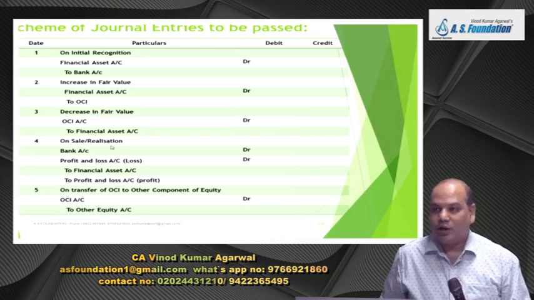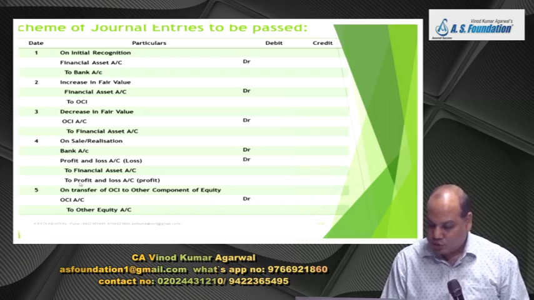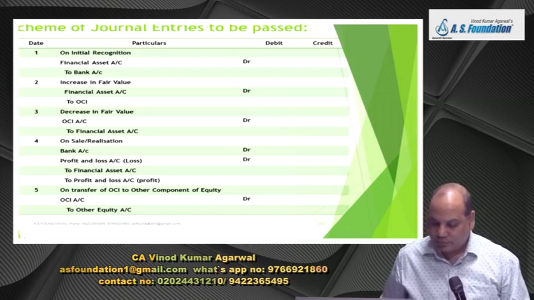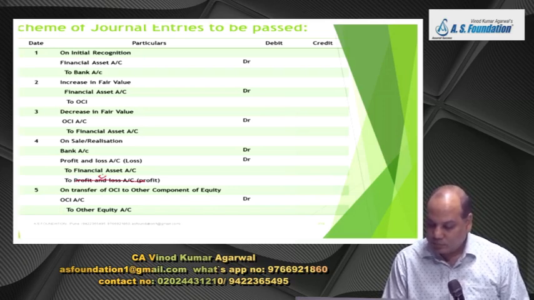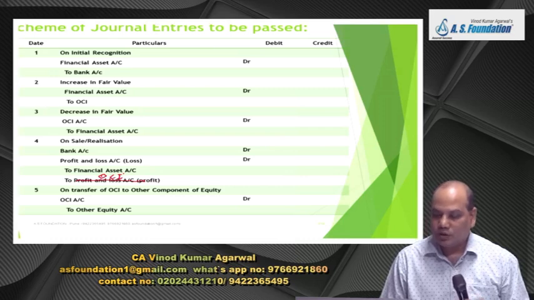On sale or realization, right now my topic is not derecognition, but to complete the sequence of entries, bank account debit, P&L account debit, to financial asset and to OCI write down. Except dividend income, all gains and losses will be routed through OCI.